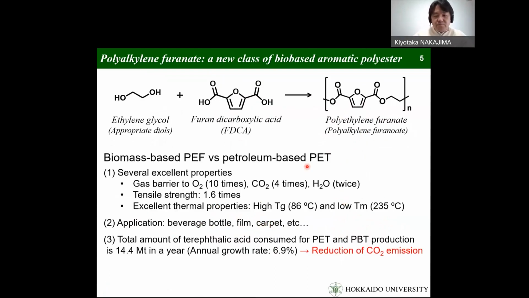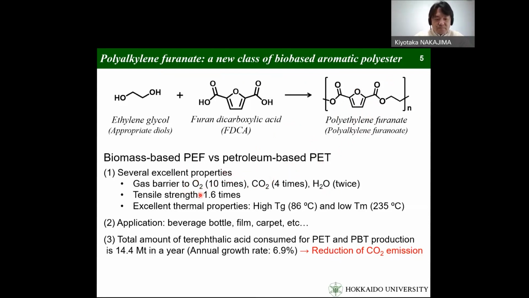I have to introduce a very attractive feature of this polymer. The resulting polymer, polyethylene furanoate, has excellent gas barrier properties, and is recognized as a high gas barrier polymer. For example, this polymer has high gas barrier property to oxygen, CO2, and water compared to petroleum-based PET.